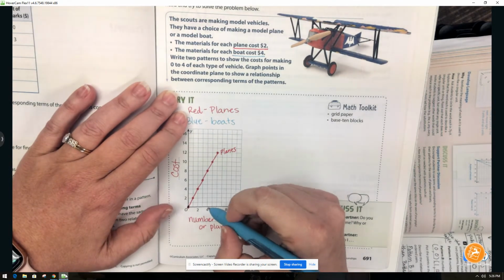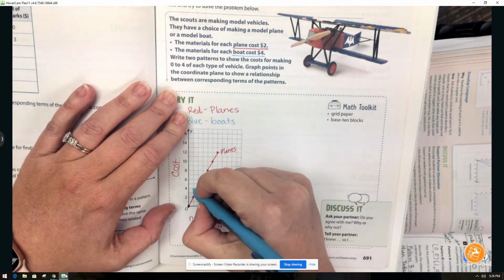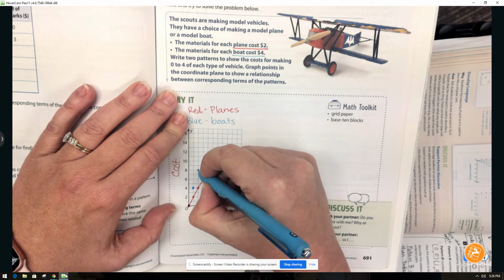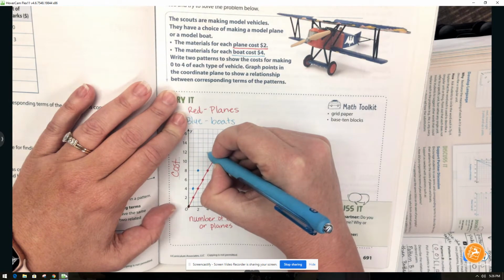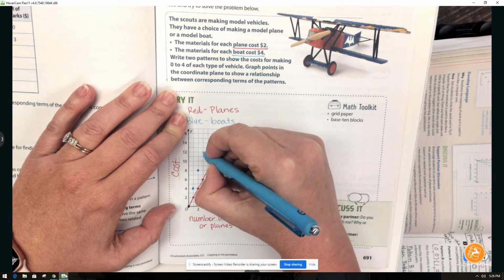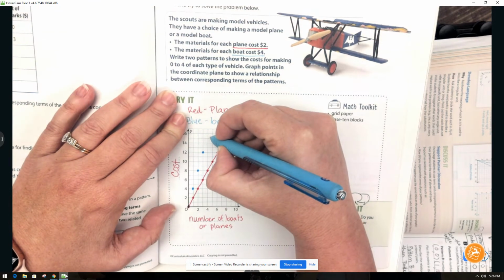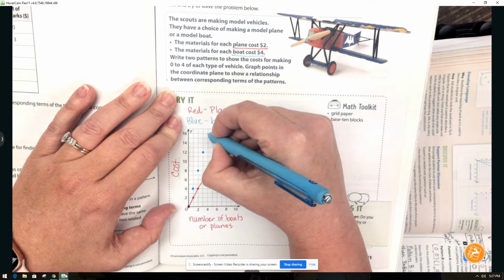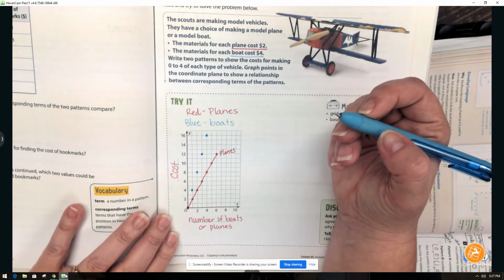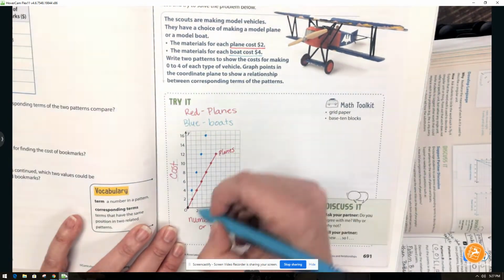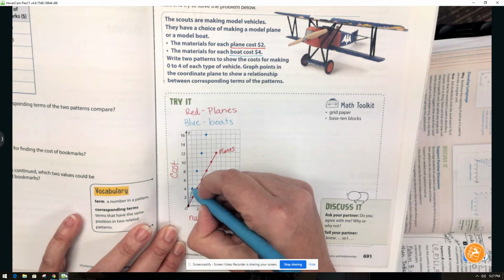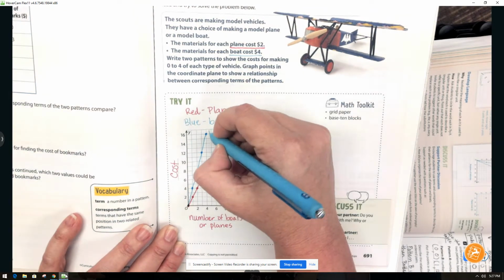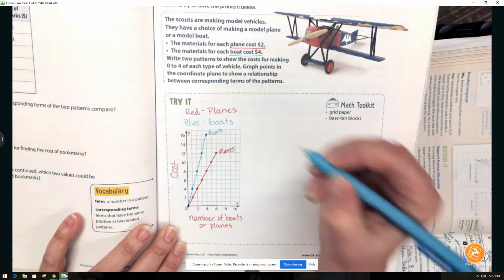All right, so if we had 1 boat, it would be $4. 2 boats would be $8. 3 boats would be $12. 4 boats would be $16, and that's probably why we had to stop there with the boats, because we don't have any more numbers. So if we connected all of the line here, these are our boats.